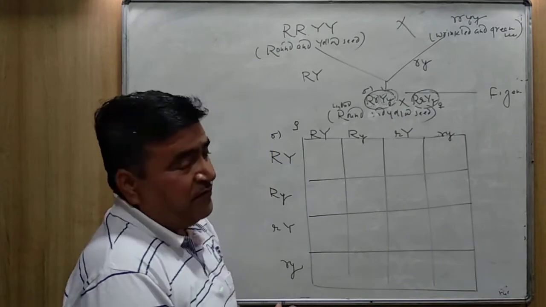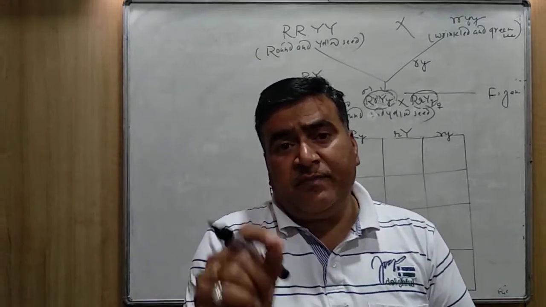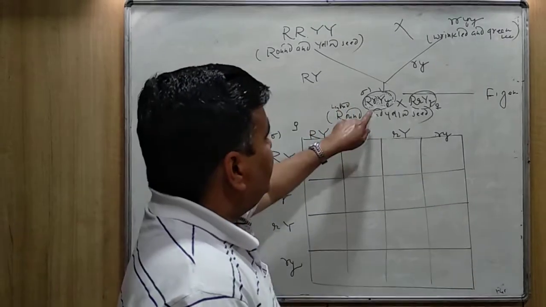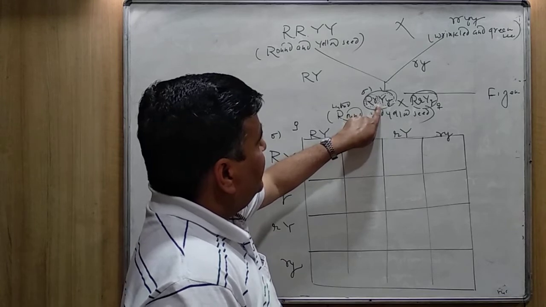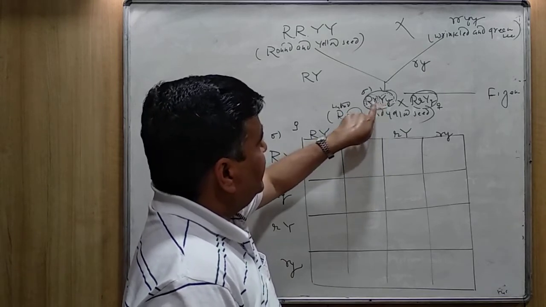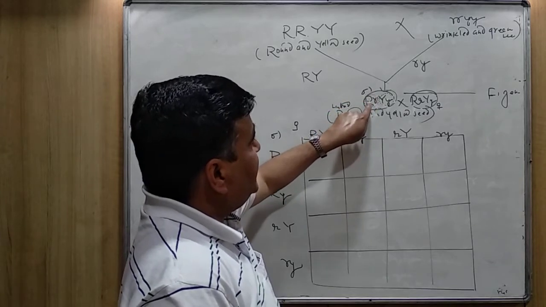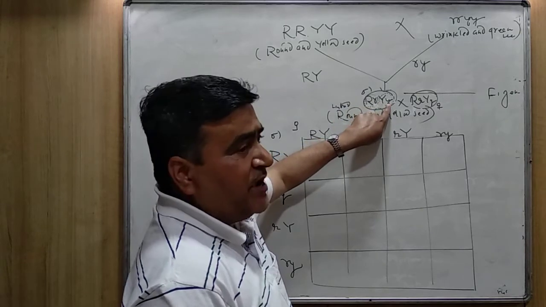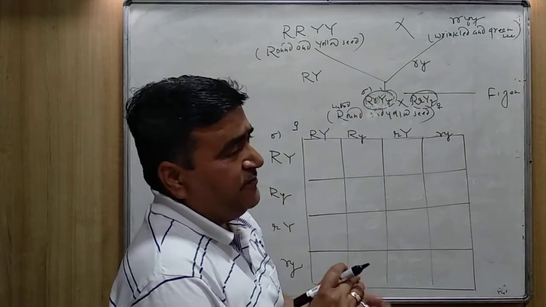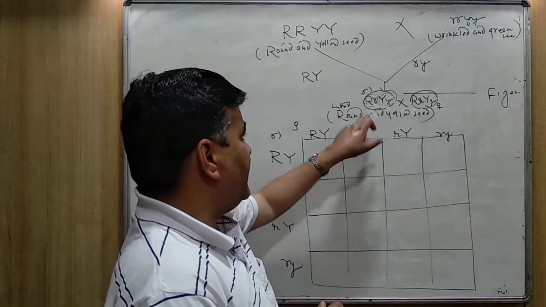But what is the law of independent assortment? As per the law of independent assortment, the alleles of a character... how many characters are there? Here, two characters are there. This is for the shape of the seed, capital R and small r, and capital Y and small y, this is for the color of the seed. Now you see the definition.